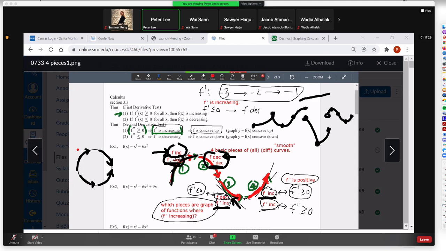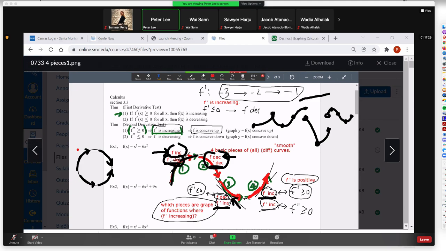Now, what do we put in the first row? We look at the first and second derivatives and look for all the zeros. So we have 0, then we have 2, then we have 4. That wraps up the first row.